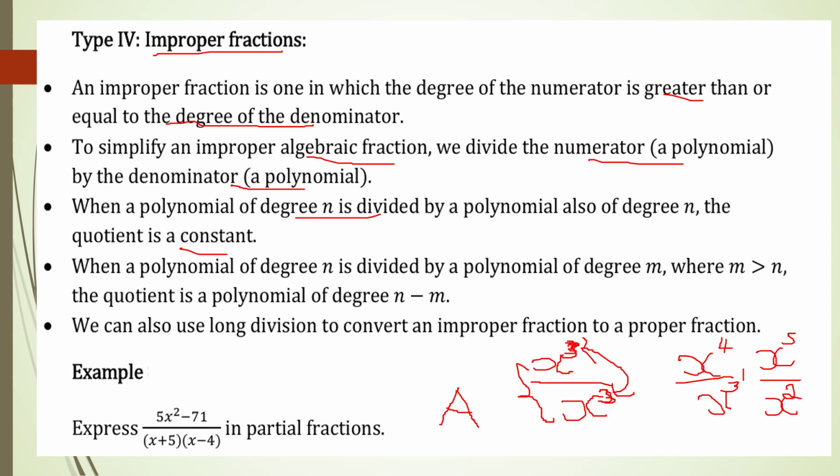But if you're having a higher degree, for example, x power 4 divided by x power 3, we assume that you are going to get a linear factor, which is going to be in terms of ax plus b, just like we are going to look at in the examples. So instruction 2, we are going to say that when a polynomial of degree n is divided by degree m, where m is greater than n, you are going to get a linear factor.